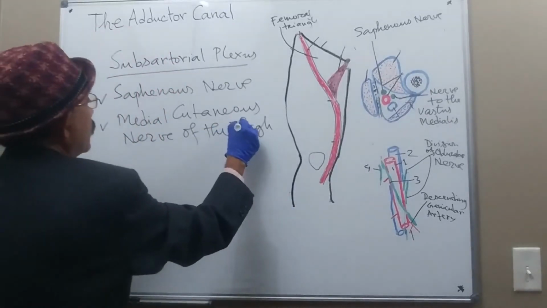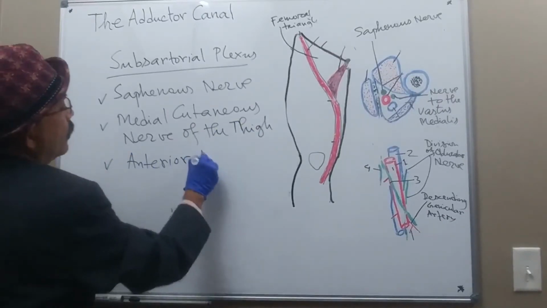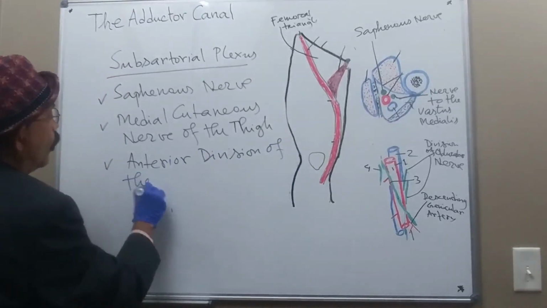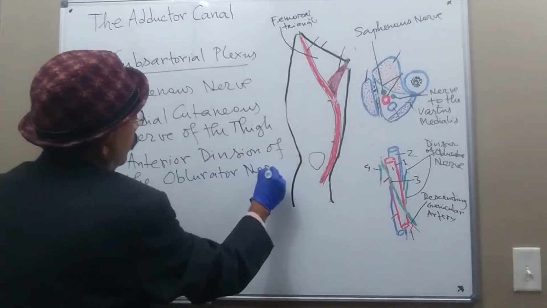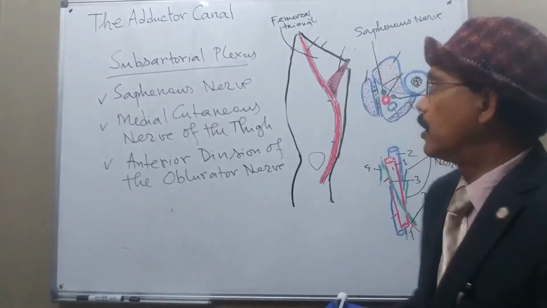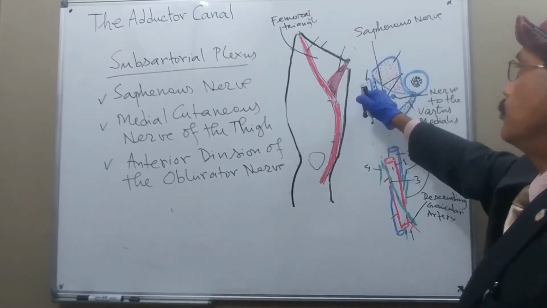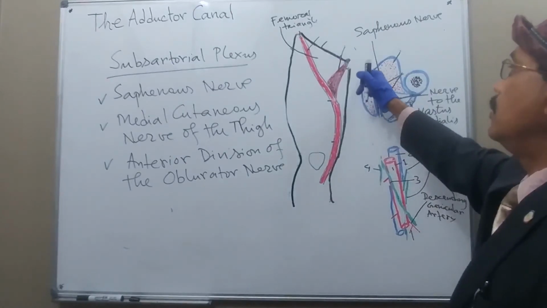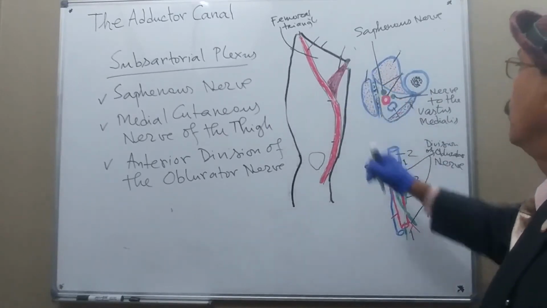Okay, we got that. Then the anterior division of the obturator nerve. Okay, we got the formation of the subsartorial plexus, which will innervate the structures around the subsartorial area, and also the skin, the aponeurosis and the deep fascia around that.